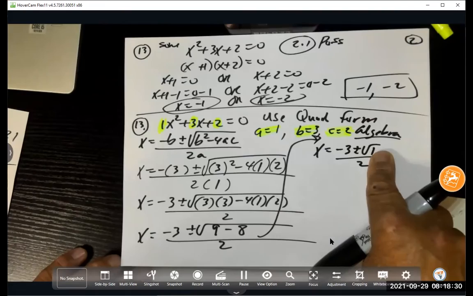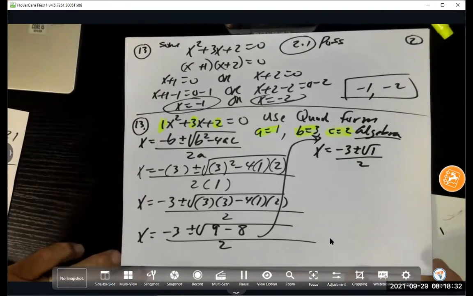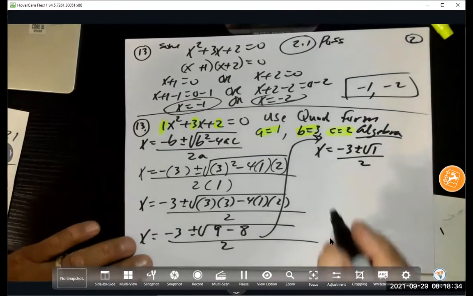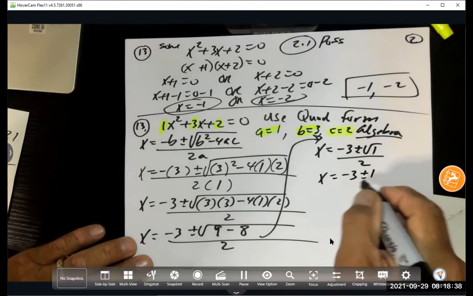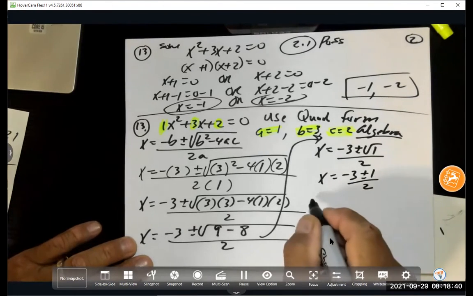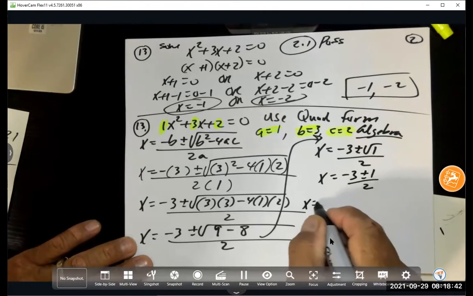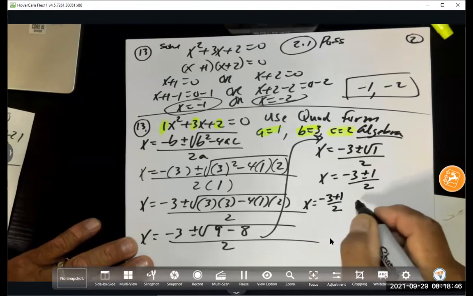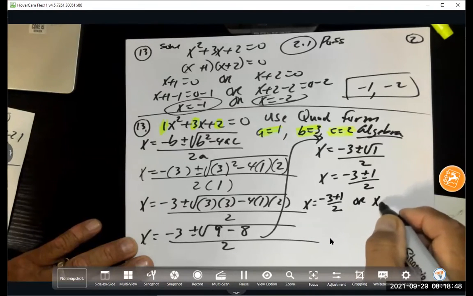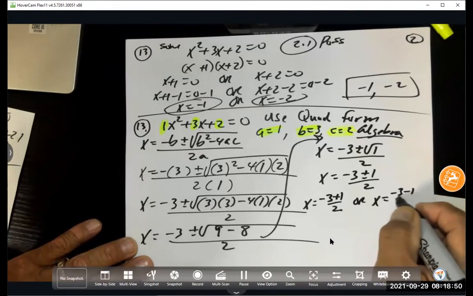It'll be 1, exactly. So this is going to be negative 3 plus or minus 1 over 2. So I have two answers now. I have x is negative 3 plus 1 over 2, or x is negative 3 minus 1 over 2.